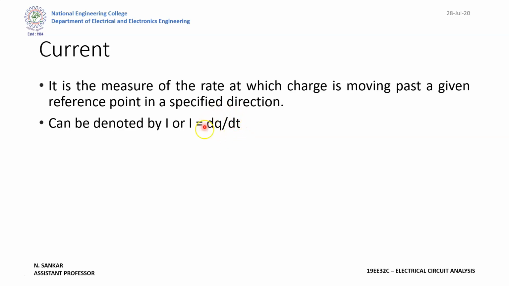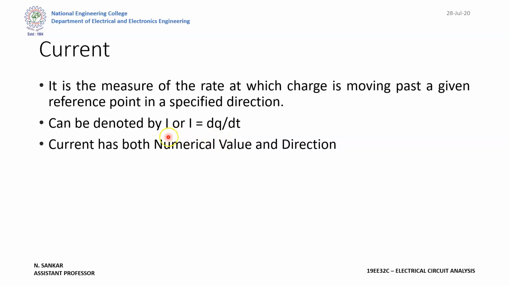Simply, it is the flow of charge per unit time. Current has both a numerical value and a direction, so you can represent the current direction as positive and also as negative. In an example we will see how we represent the direction.